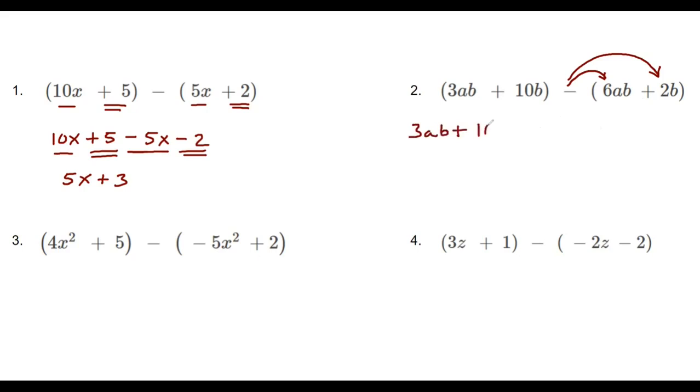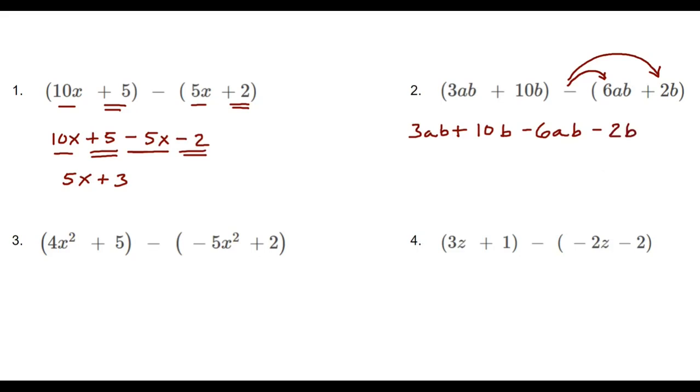And this is where you want to take advantage of the opportunity to write when you're taking the test. Use the whiteboard. Minus, this is a positive 6ab, becomes minus 6ab because we're subtracting it. Now we're subtracting positive 2b. It's going to become minus 2b.